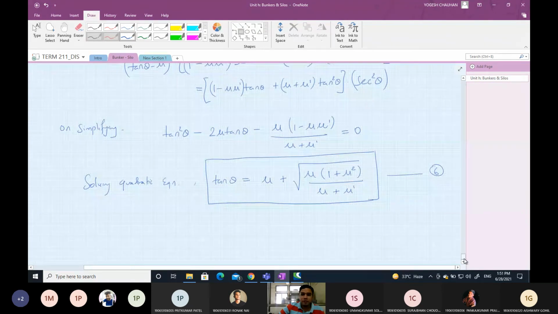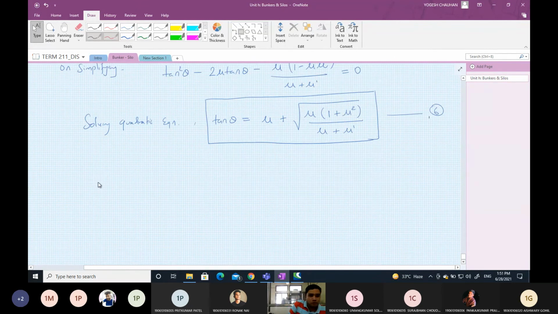So now substituting the value of this tan θ in the expression of PH, so you will get the total horizontal force per unit length, that is PH, equal to 1/2 γ h².